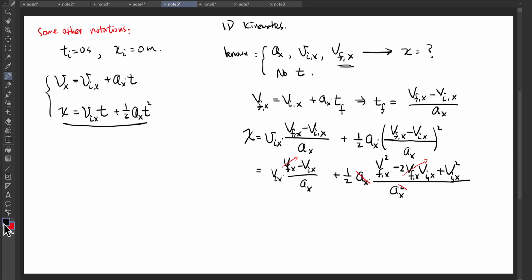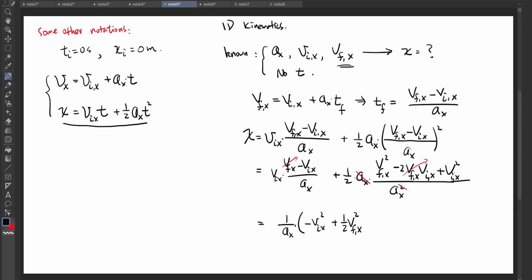And then let's see what the remaining terms are. The denominators are the same, so let me put them together, and then inside the parentheses we have negative v initial x squared, right? And then plus, this term is still 1/2 v final x squared. Let's copy that.